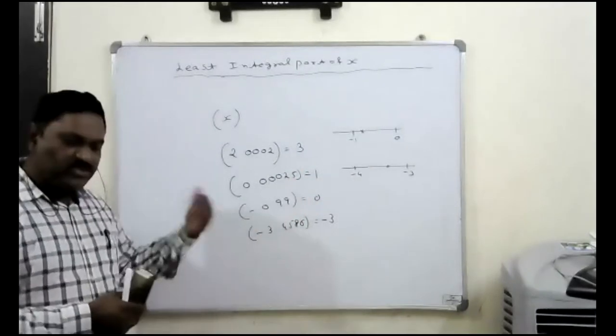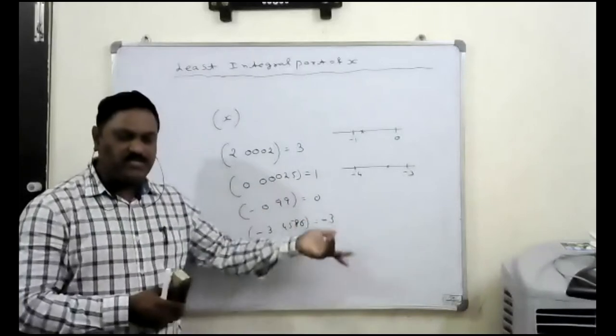So that's why greatest integral part of this is -4, but least integral part is -3.